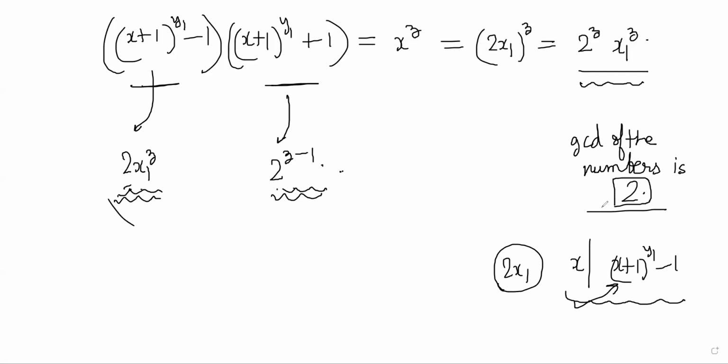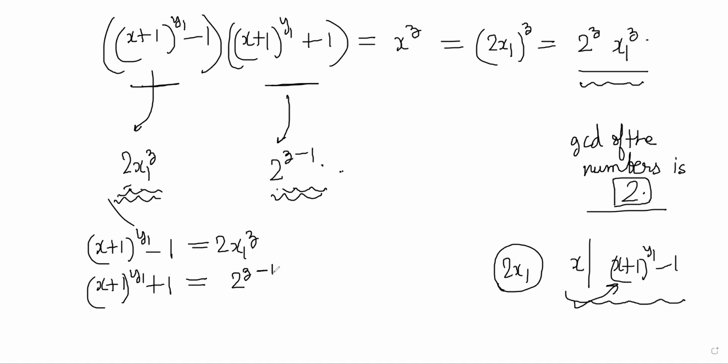That is not the case here. So overall, what we are getting is x plus 1 power y1 minus 1 should be equal to 2x1 power z, and x plus 1 power y1 plus 1 should be equal to 2 power z minus 1, right? Correct.